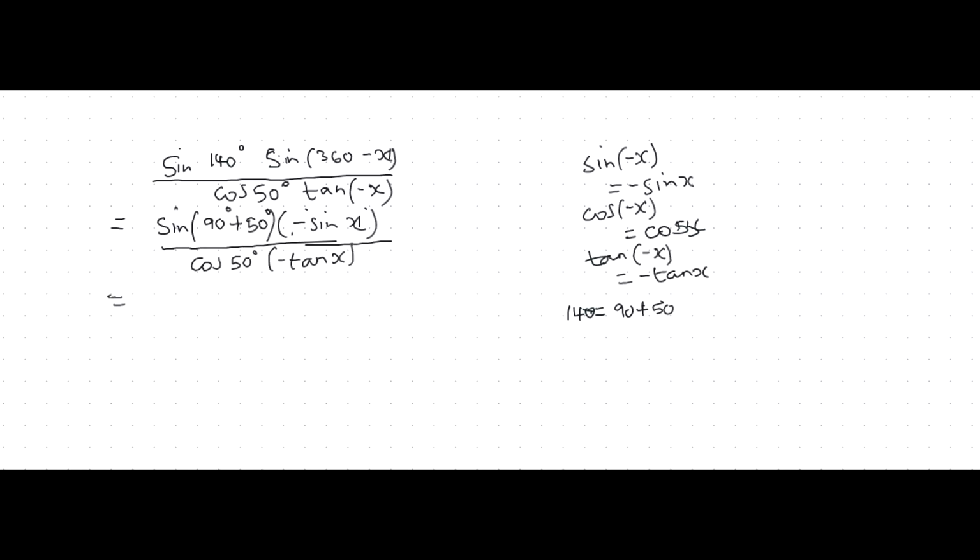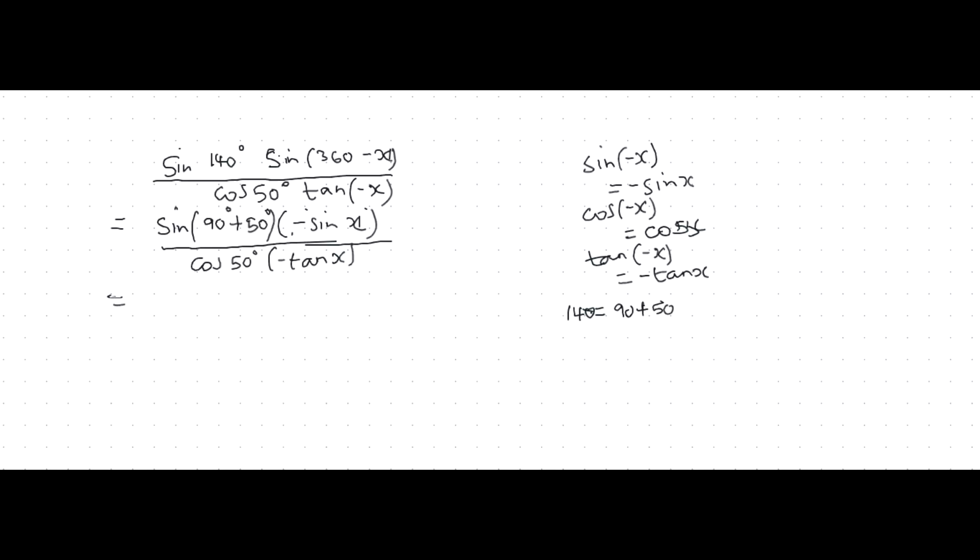So since now we find ourselves having sine 90 plus 50, since we have the 90, it's going to change to cos, but in this case, we are going to take the sign of this sine, not the cos we are changing to. It's going to remain positive because 140 is in the second quadrant. Yes, sine in the second quadrant is positive.